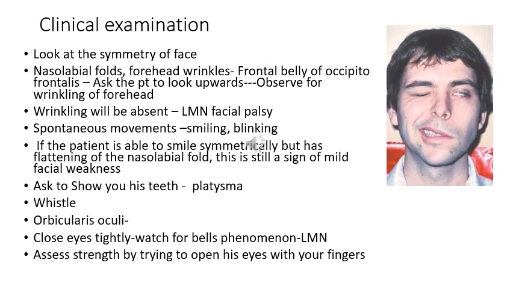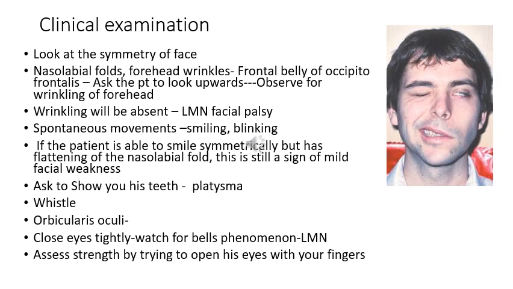And ask for the spontaneous movements like smiling and blinking the eyes. And if the patient is able to smile symmetrically, but it has a flattening of the nasolabial fold, this is still a sign of mild facial weakness. Then ask to show you his teeth.